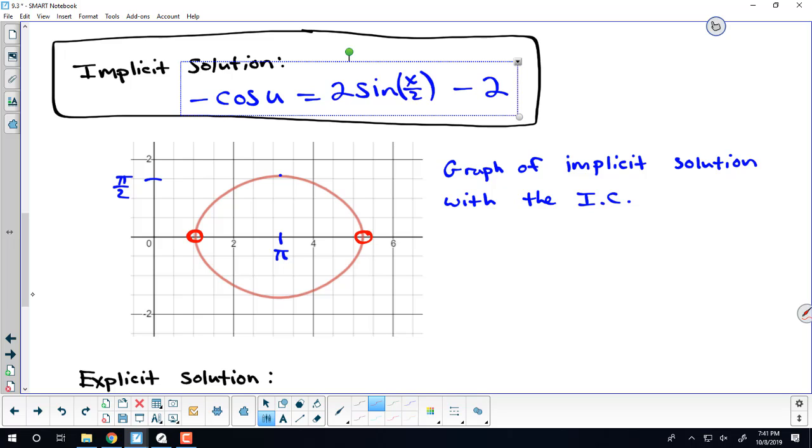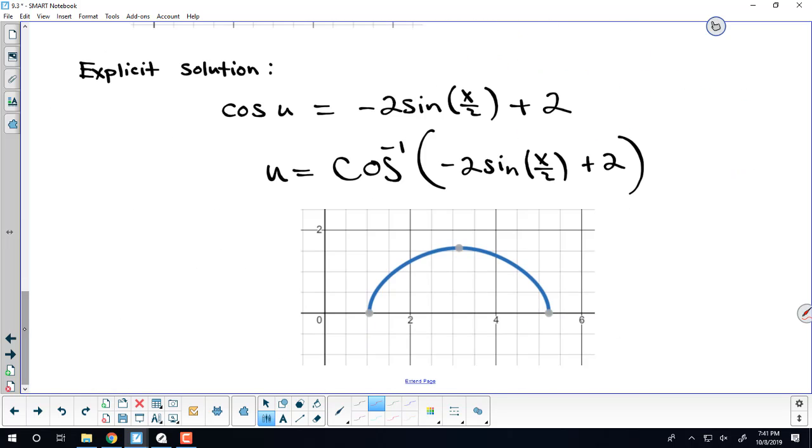I don't know what to call it. It's not an ellipse, it's not a circle. But this whole thing is not the solution because it's not all connected. So that's how we would know without looking at this explicitly. Still undefined there. So that's actually our solution. This is the graph of the solution to that differential equation.